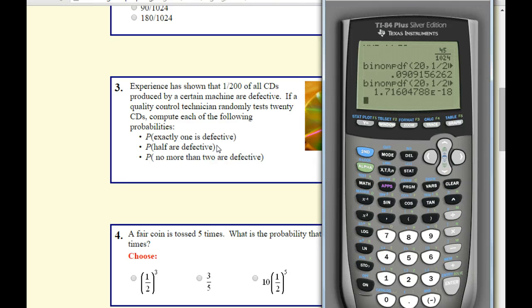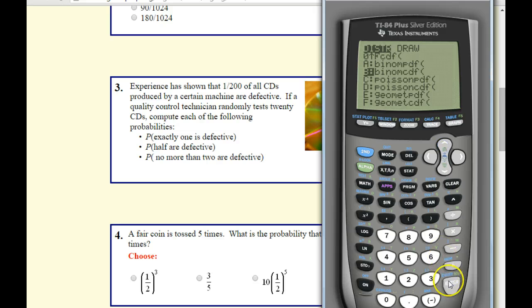Now wait a minute. Yes, we got to go to CDF. But no more than 2 means what? Okay, but wait a minute. No more than, isn't that the same as fewer? Yes. We're already at fewer. So it's 2 or fewer. No more than 2 means 2 or fewer. So we're going to put in a 2, but we got to be at CDF. We don't need to change the probability though. Yes.